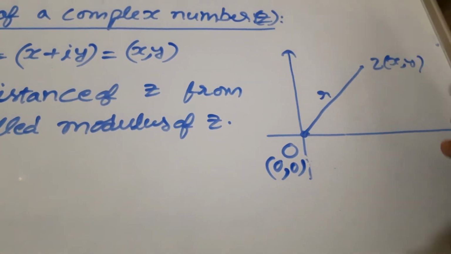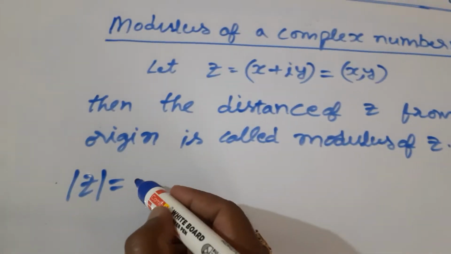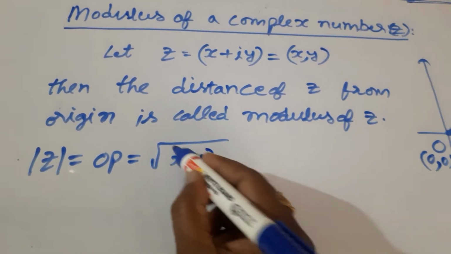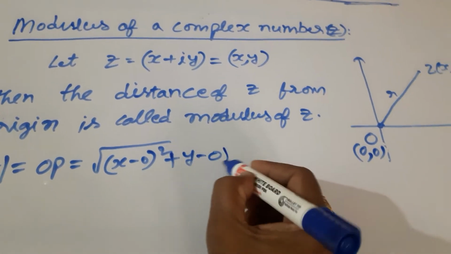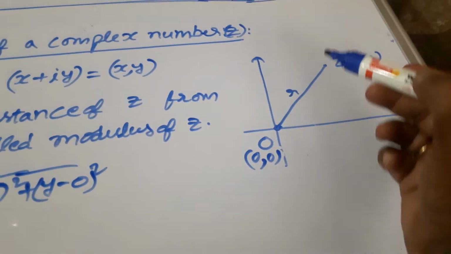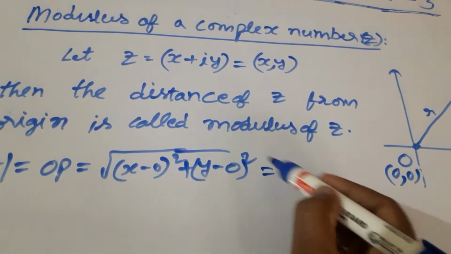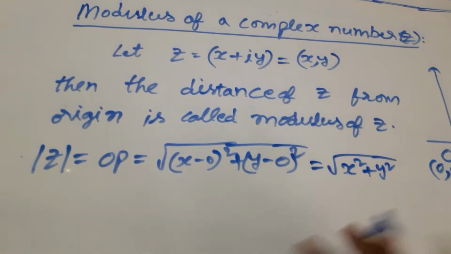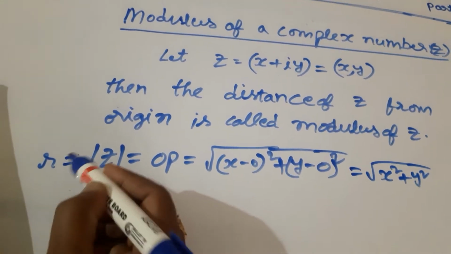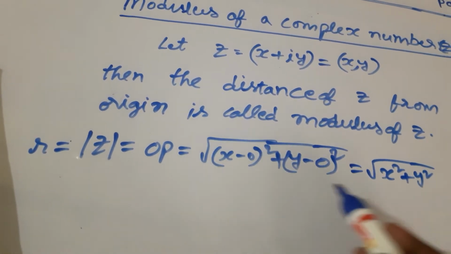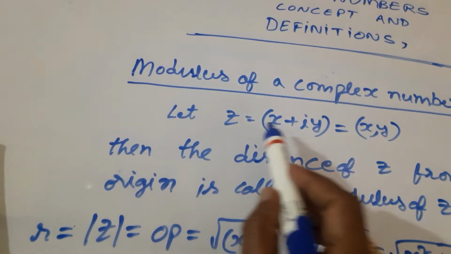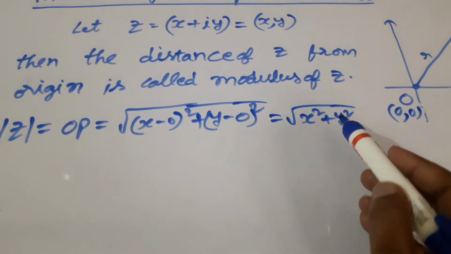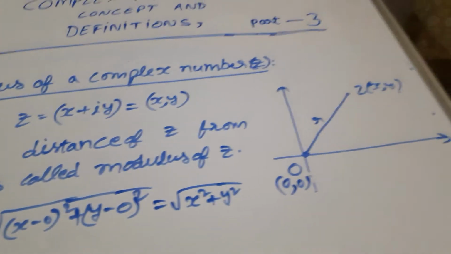Coordinates of z x comma y. If you calculate the distance between these 2 points, we get root over x minus 0 whole square plus y minus 0 whole square, which is root over x square plus y square. This is modulus of z. We can represent this with r also. So r is equal to mod z is equal to root over x square plus y square when z is equal to x plus iy. This is modulus of a complex number.